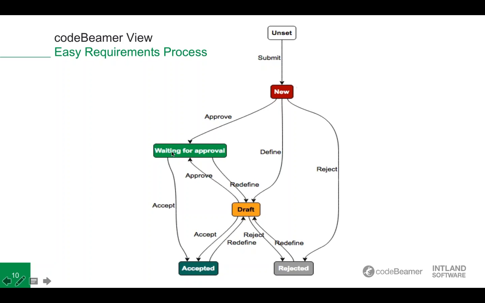It's a new directly to approval, or to draft, to approved, or to reject, or whatever you have there. So this is a very easy workflow. What you don't see here, that what you would need to do as well, is that later on that requirement might change, so it might go back to draft version. But that's another issue. So that's a very easy requirements process, as you can see here.